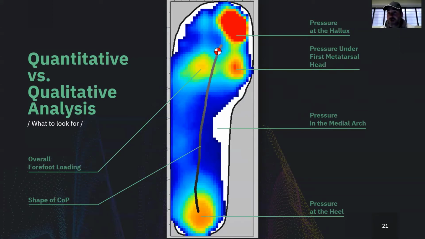We can look at the pressure under the first metatarsal head and the pressure at the hallux. We can look also at the overall loading of the forefoot and the shape or trace of the center of pressure that you can see identified by the gray line in the middle of the foot.